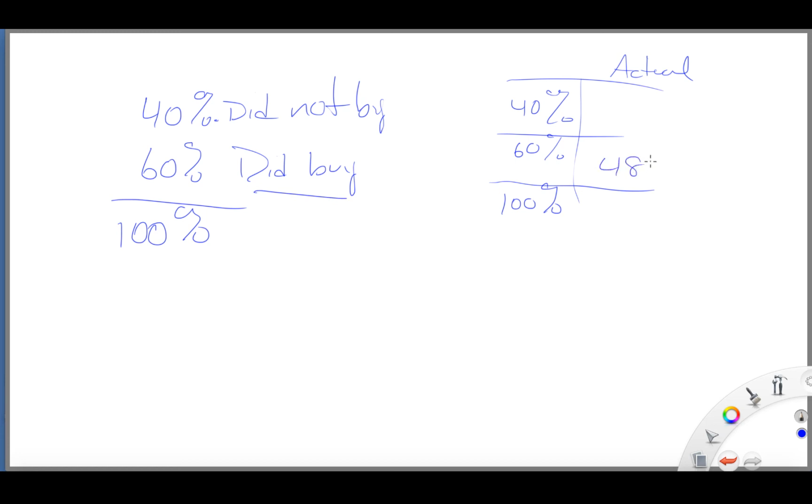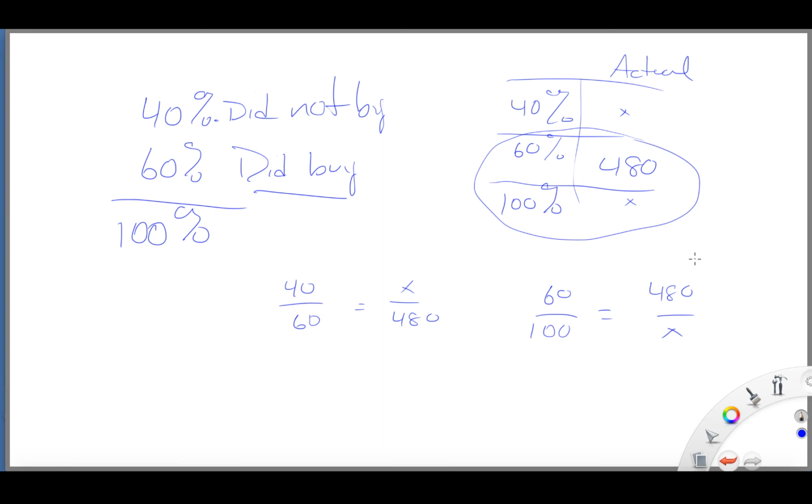This one right here, 480. So what we don't know is this one, and this one. Again, we can set it up. 40 over 60 equals x over 480. Or we could do the bottom one and say 60 over 100 equals 480 over x.